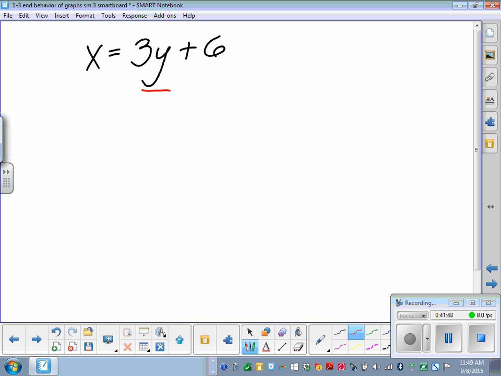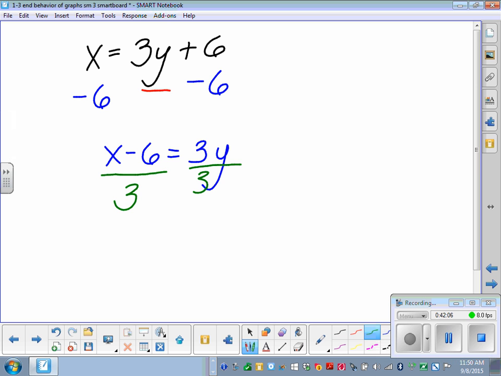So I'm going to subtract 6 from both sides. Over here on the left, that leaves me with x minus 6, which is equal to 3y. We can't combine x and negative 6. They're not like terms. So then to get y alone, we'll divide both sides by 3. Make sure you divide that entire side by 3, because if you don't, you haven't done it correctly.